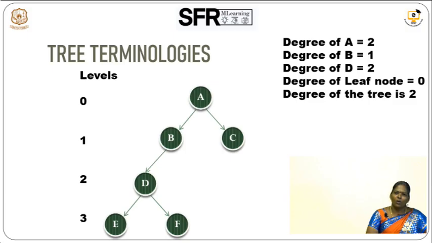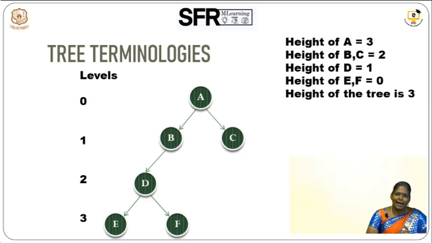The degree of a node is the number of branches that emerge from that node, that is, the number of children it has. As usual, leaf nodes have no children, so the degree of a leaf node is 0. The degree of A is 2, it has 2 children. The degree of B is only 1, it has only 1 child, D. So the degree of the tree is the maximum degree, which is 2.